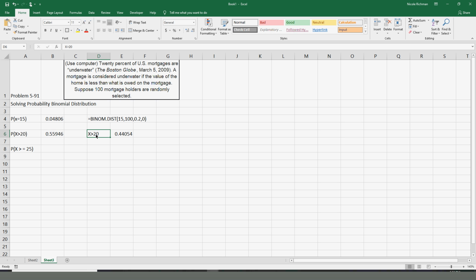So let me move these over, and make sure the text is in here. There we go. So this is actually going to be our answer for greater than 20.